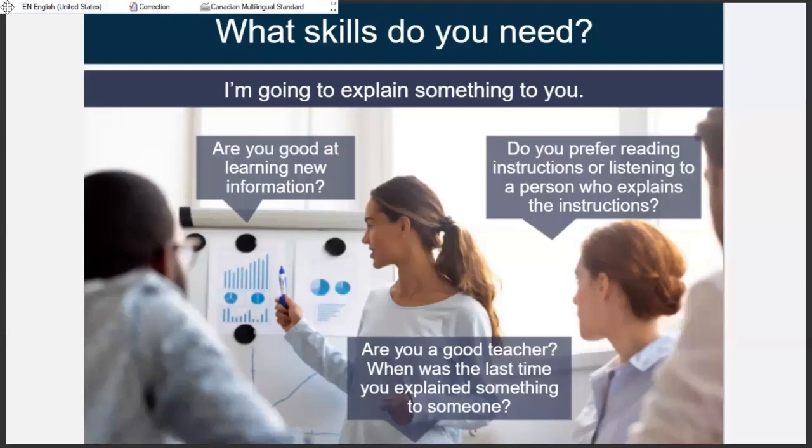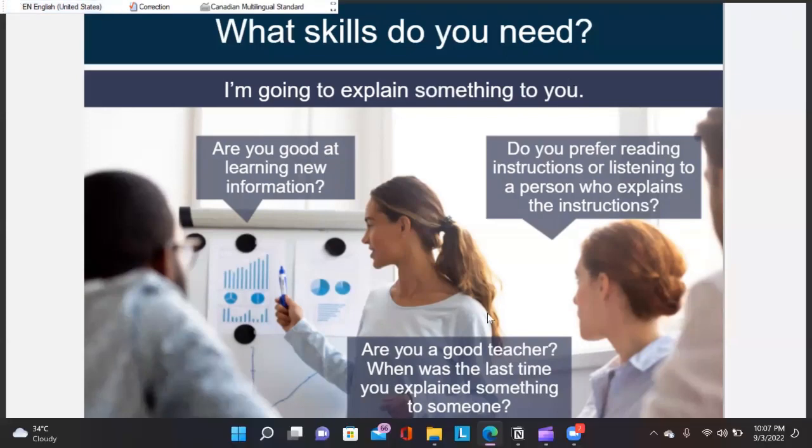As you can see right here, it's somebody who's explaining some information, graphs, to a class or their colleague. When it comes to this type of information, you're supposed to give instructions or explanation.